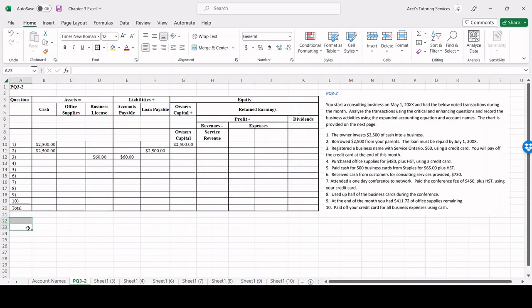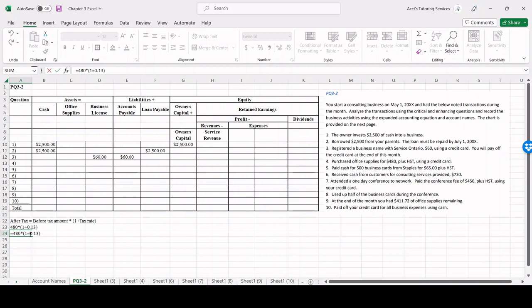Remember, the formula to calculate the cost after HST, so after tax, is the before tax amount times 1 plus the tax rate. We know the tax rate is 13%. So in this case, it's going to be 480 times 1 plus 0.13.